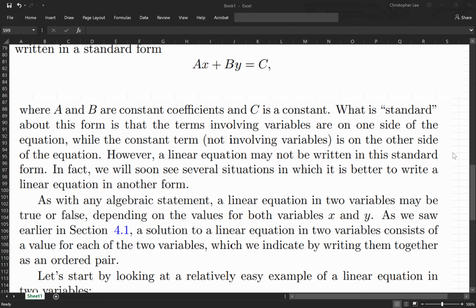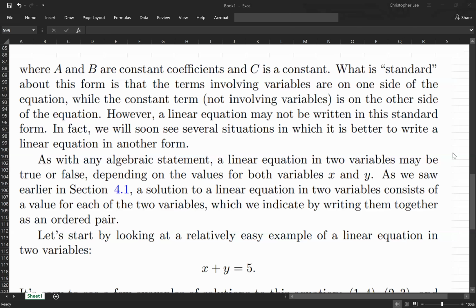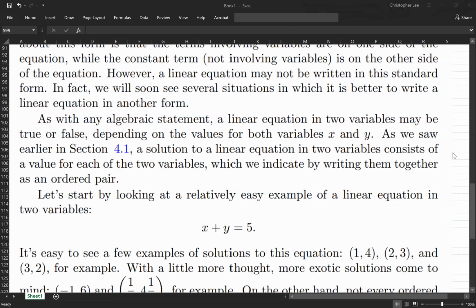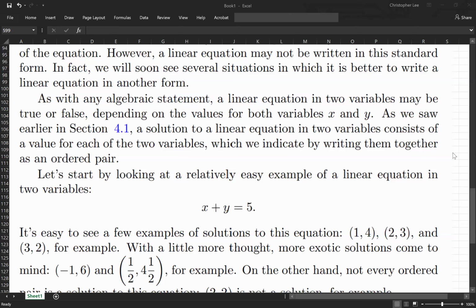However, a linear equation may not be written in this standard form. In fact, we will soon see several situations in which it is better to write a linear equation in another form. As with any algebraic statement, a linear equation in two variables may be true or false depending on the values for both variables x and y. You're going to see this in your homework.